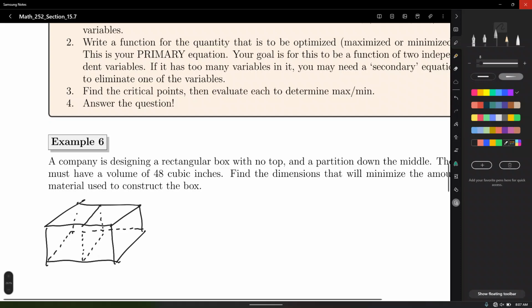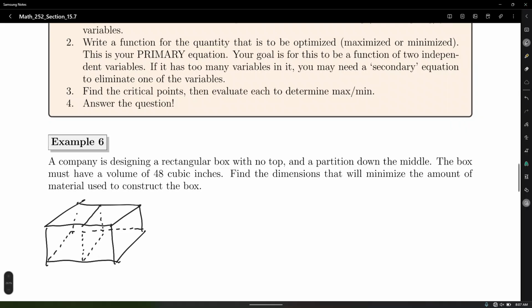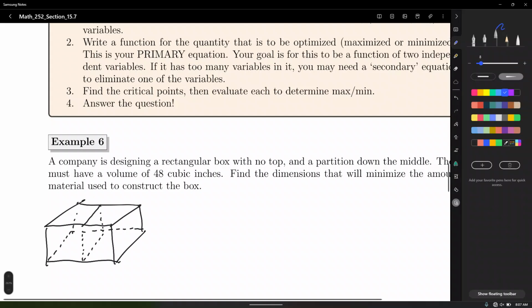Keep in mind that there is no top on the box. How about we label the dimensions of the rectangular box? It's a three-dimensional box, of course, so how about we label these as x, y, and z.